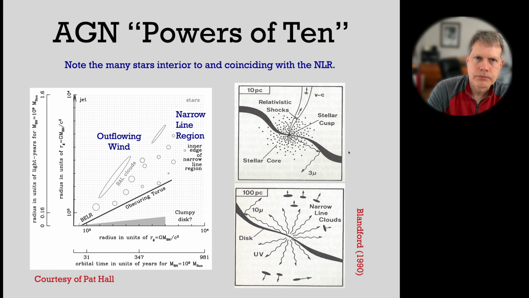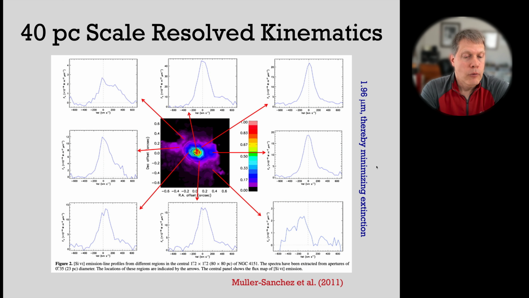Okay, so remember I talked about how people have made much further advance by now doing spatially resolved measurements of the kinematics of the narrow line region. Here's one nice example from this paper by Müller-Sánchez et al.